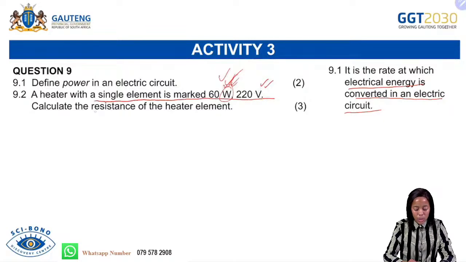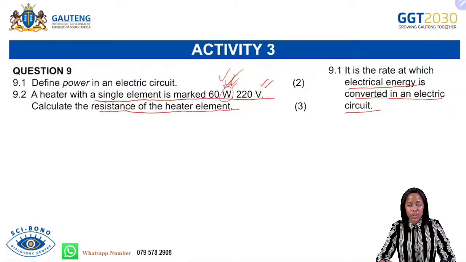Now it says calculate the resistance of the heater element. But can you see that with these questions, if you are not able to identify the units, it means you will also not be able to identify the correct formula.